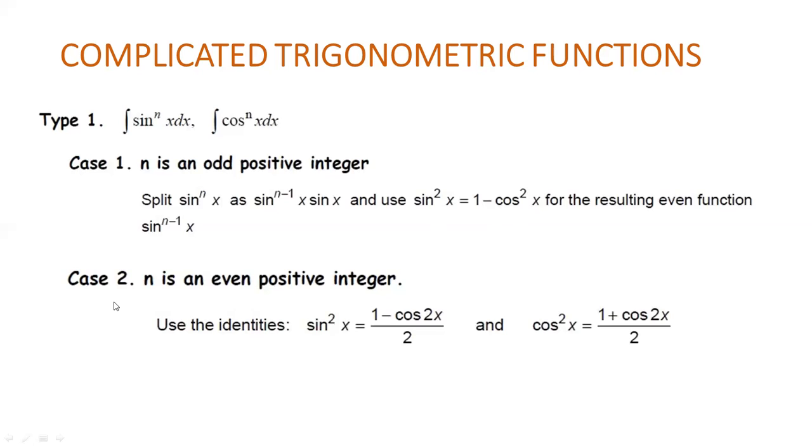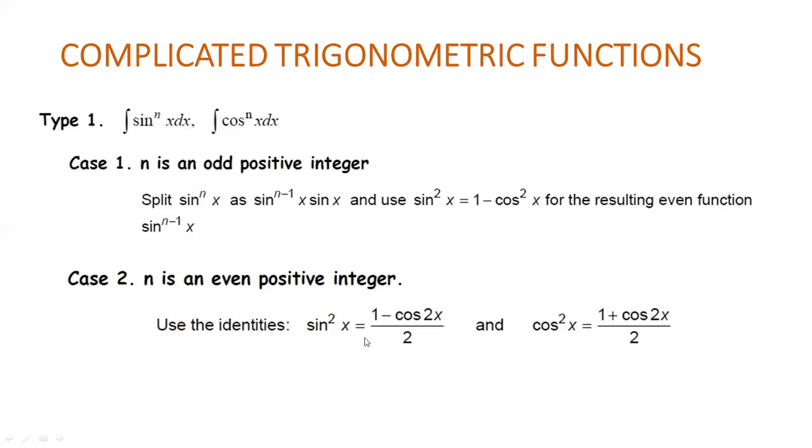Now under case 2, if both the exponents of the integrals that were given involving a sine and a cosine only are even, then there's a need for you to convert those functions raised to an even exponent to this particular form.